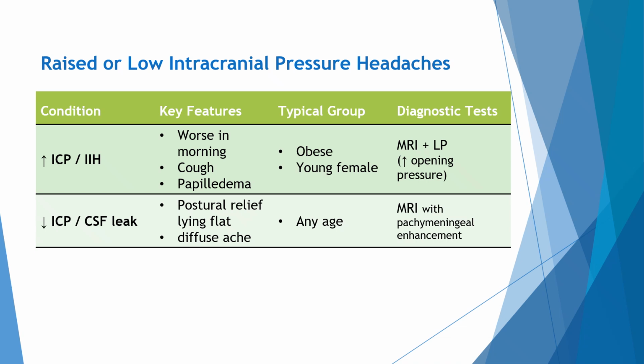In case of raised intracranial pressure or idiopathic intracranial hypertension, the key feature is that the pain is worse in the morning, aggravated by cough, and you will find papilledema on fundoscopic examination. The typical group is obese young females, and patients require MRI and lumbar puncture. On lumbar puncture, opening pressure is high.